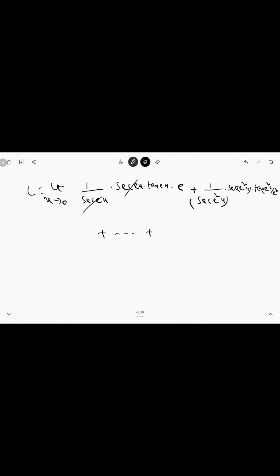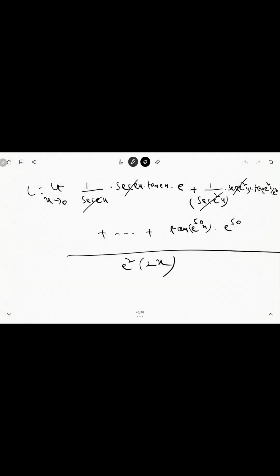Secant e^x can be cancelled here. Here also can cancel. So on, directly, tan e power 50x into e power 50, by 2x. E square into 2x. Derivative of e square x square is nothing but 2x. Hope that you got it.